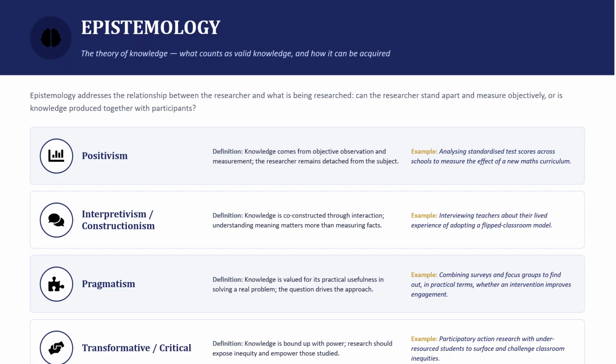And the third one is pragmatism. That is where both the positivist and constructivist approaches are combined. Knowledge is valued for its practical usefulness in solving real problems. The question drives the approach. Look at this one here: combining survey and focus groups to find out in practical terms whether an intervention improves engagement.